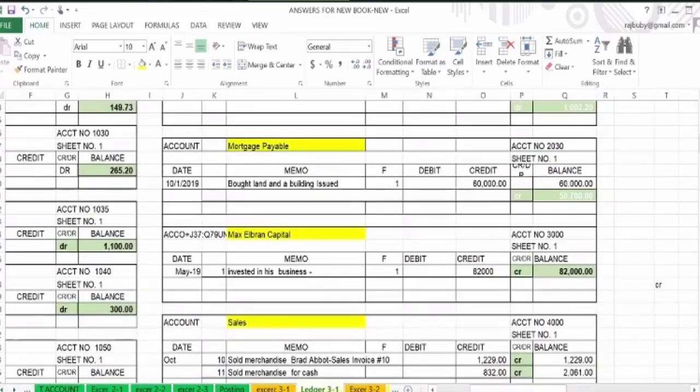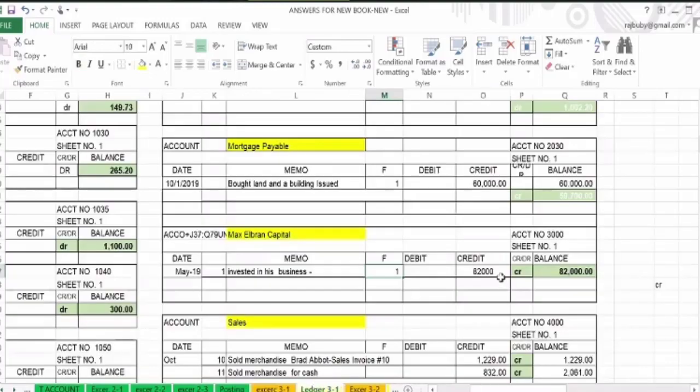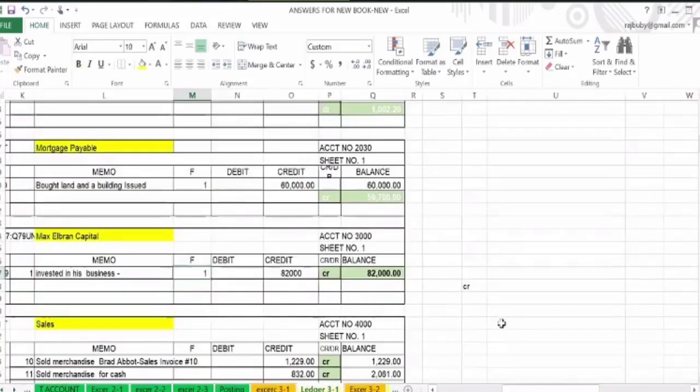Okay, this is the capital. For capital also you are going to bring the date and then the explanation. And this is the page number. According to this, it is our credit balance. Then it has to go to the credit side. And the balance is 82,000.